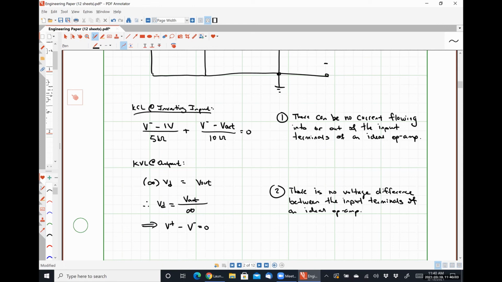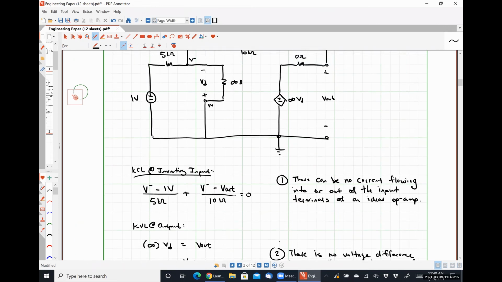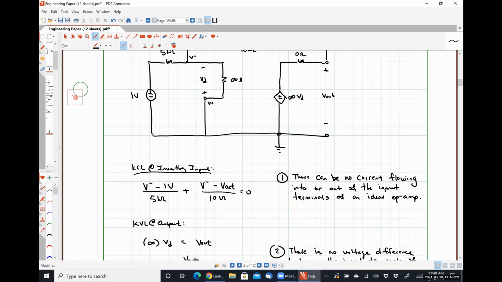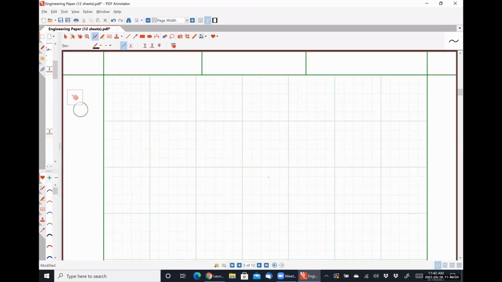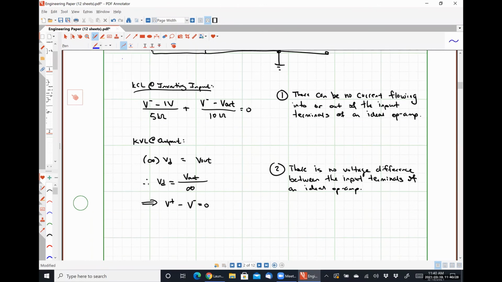And so those two rules now provide us with enough information to be able to solve for V out for our given input voltage of 1 volt, right? Because if we know that V minus is exactly equal to V plus, which is 0 volts, then this becomes, we'll do it in blue, negative 1 volt over 5 kilo ohms plus negative V out over 10 kilo ohms is equal to 0, which gives us V out is equal to -2 volts.